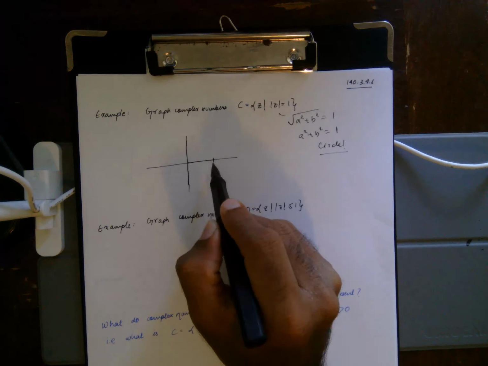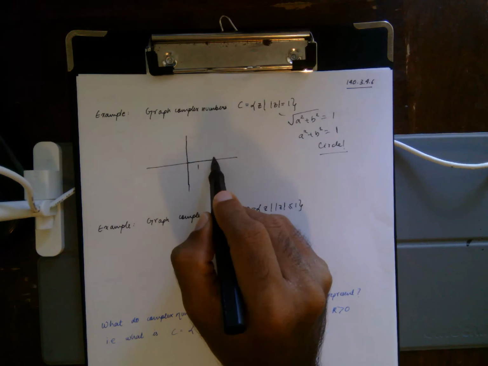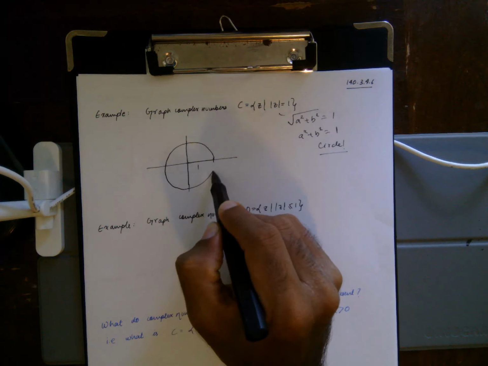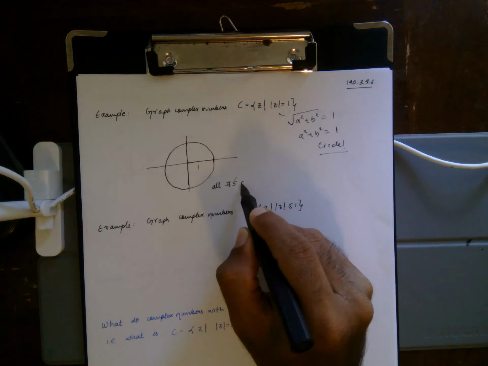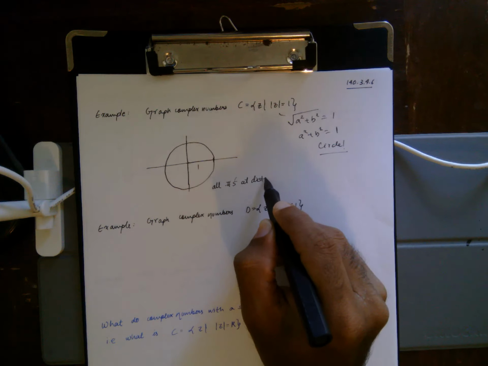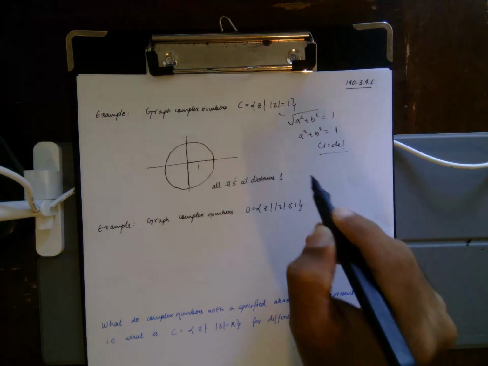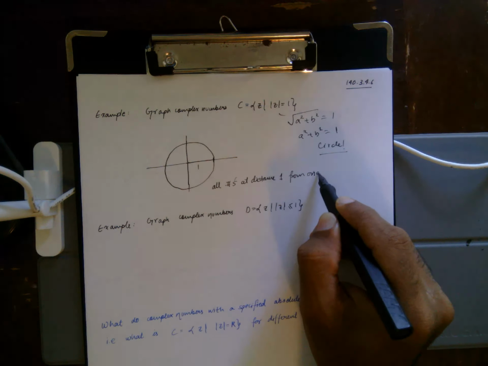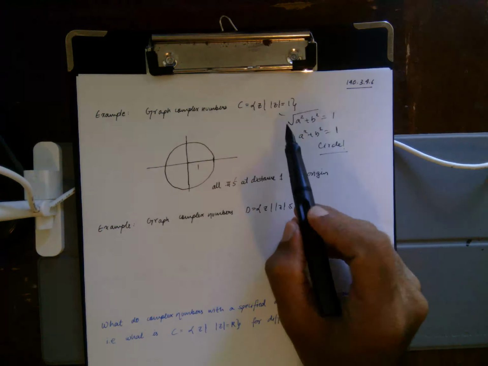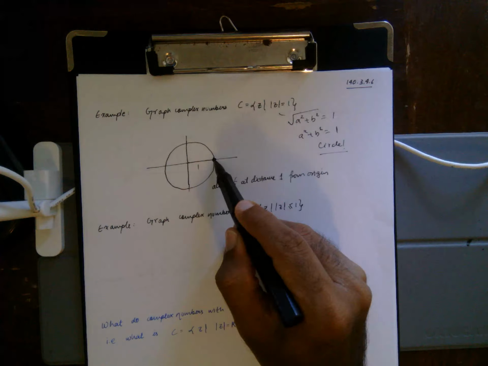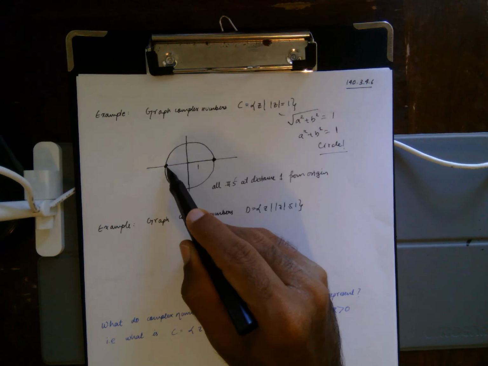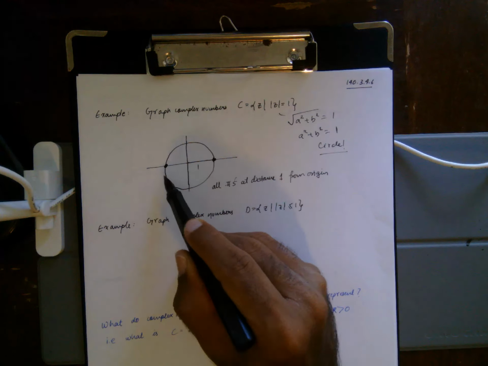All numbers which are at a distance 1 from the origin are exactly the circle. So these are all numbers at distance 1 from origin. And you can see that if this was absolute value of x equals 1, you would get exactly two solutions on the number line, which are 1 and negative 1.